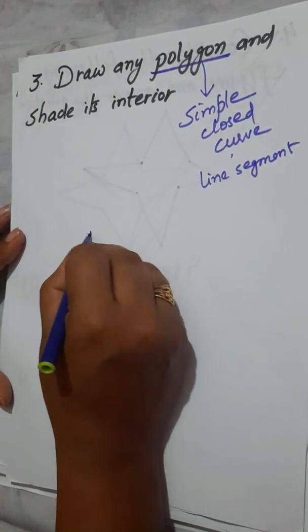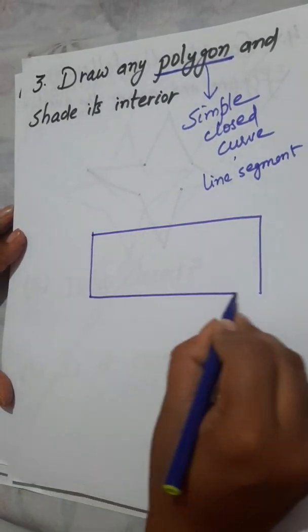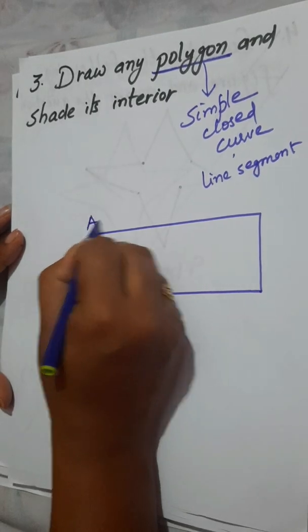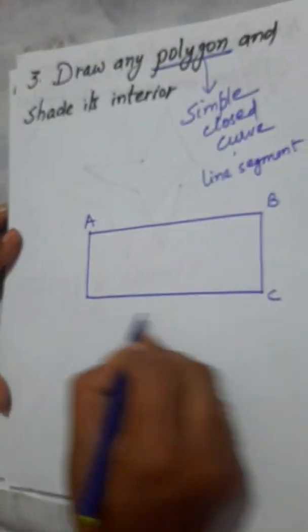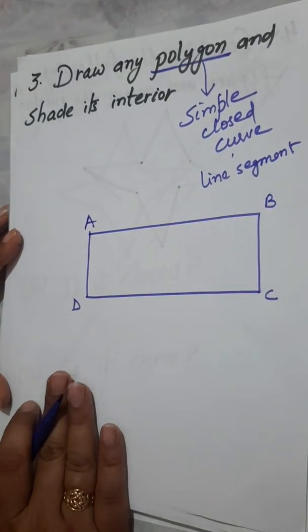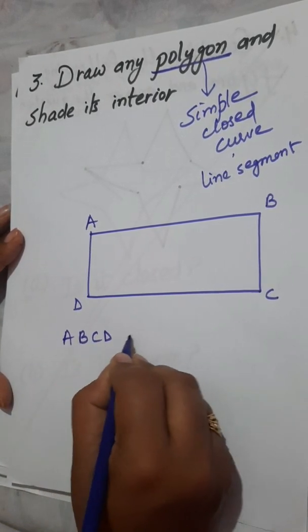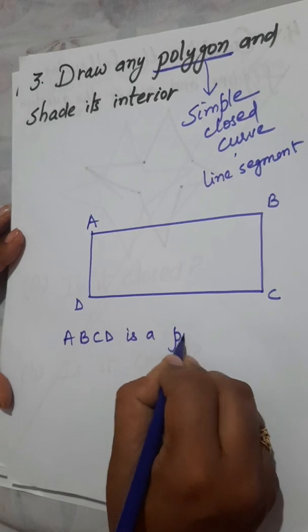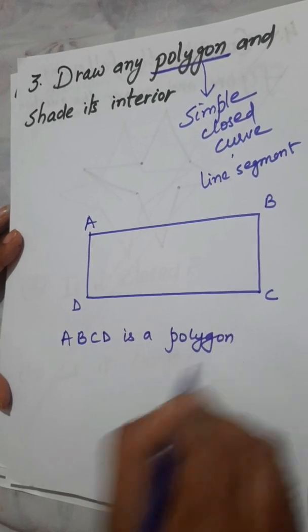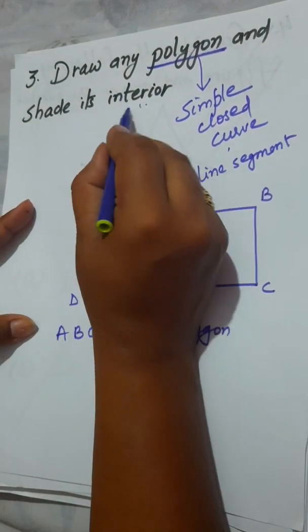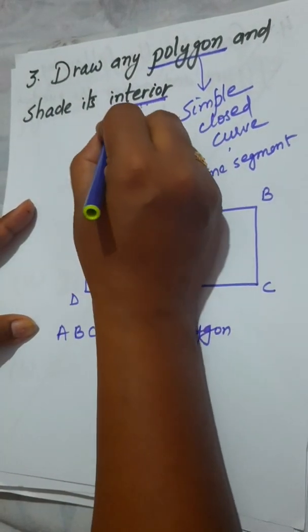Here if I am drawing this rectangle, it is a polygon. I name it A, B, C, D. So A, B, C, D is a polygon. This is a polygon, and you have to shade its interior. Interior means inside.